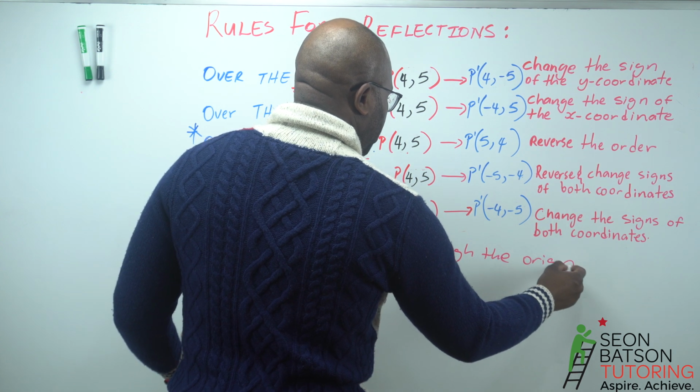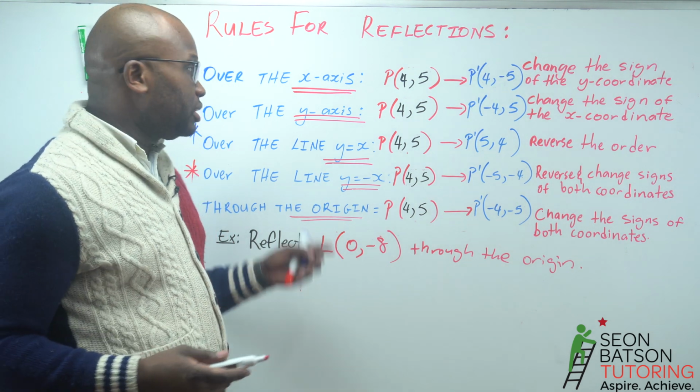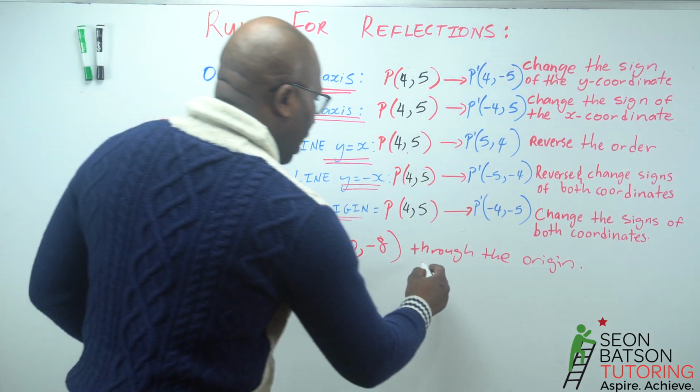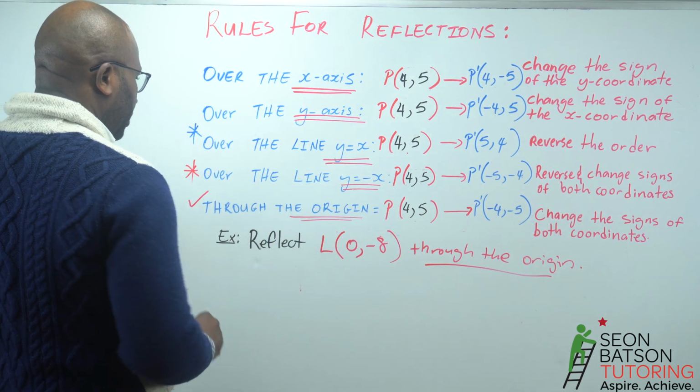So I want you to pause the video again, try it, and come back. Remember to just follow the rules. We are going to the origin, and the rule for going to the origin is right here.